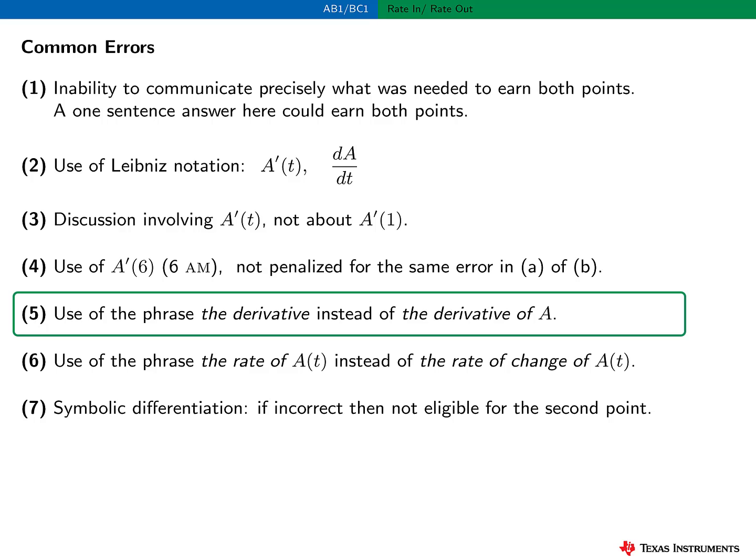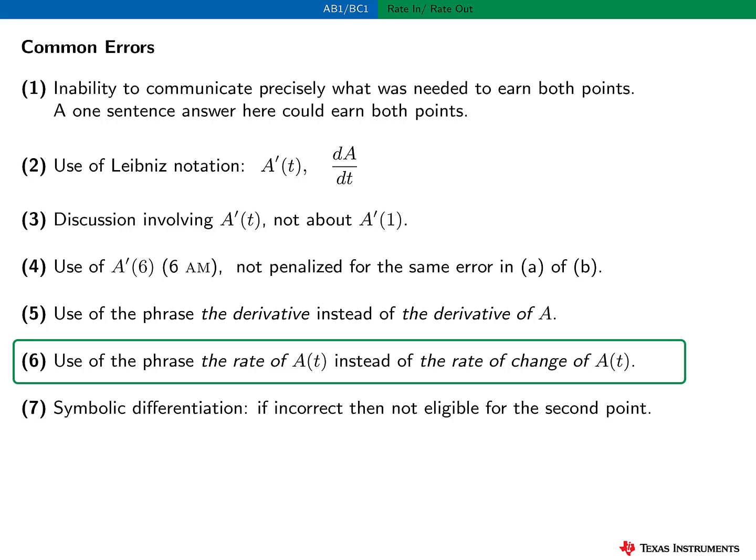Some responses used the ambiguous phrase, the derivative, instead of the derivative of A. The derivative is simply not precise enough. Similarly, some responses used the phrase, the rate of A of t, instead of the rate of change of A of t.